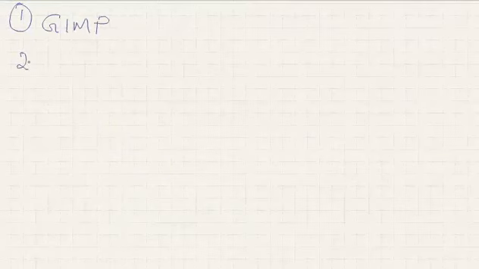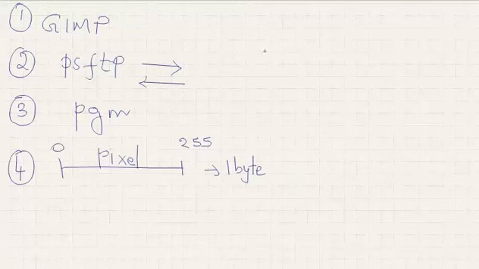A pixel is 0 to 255, which is 1 byte in general. All right, and let's talk about the pictures. Pictures are nothing but, let me take a simple example.